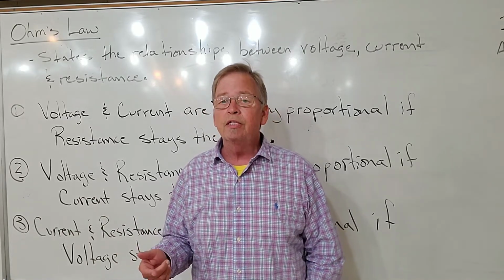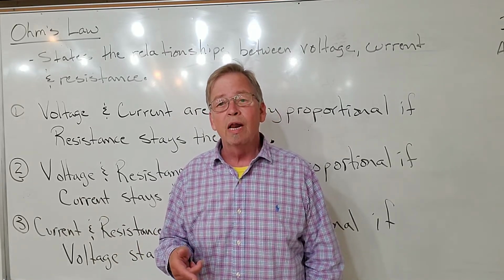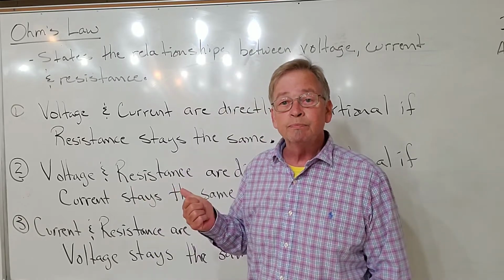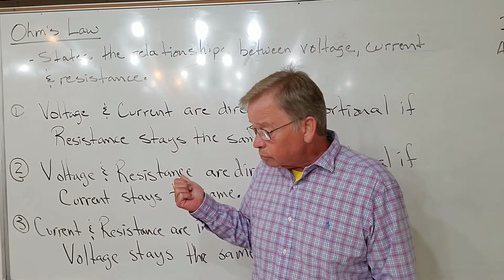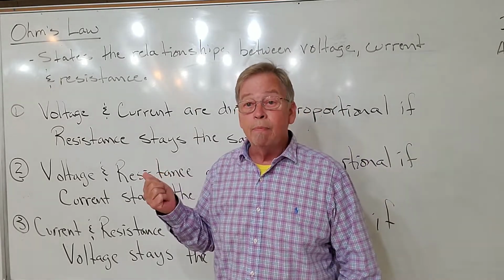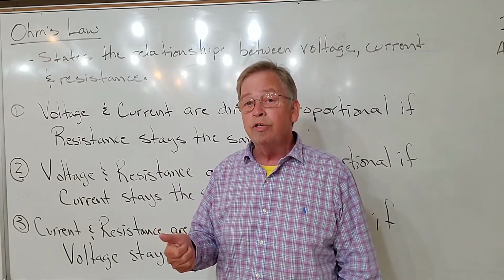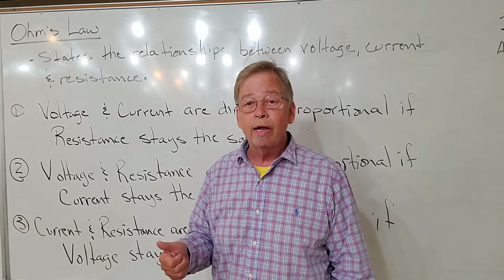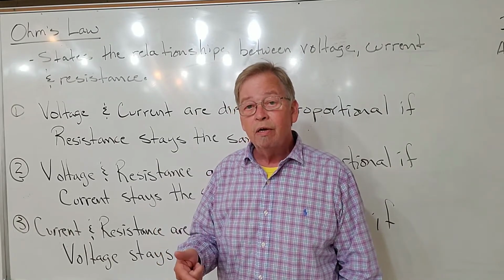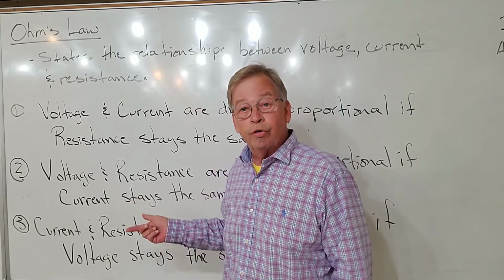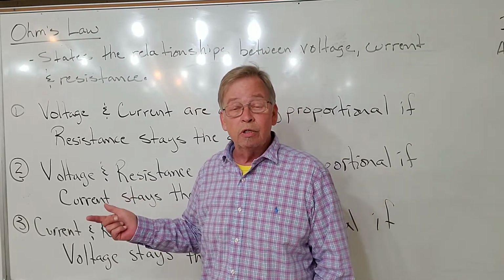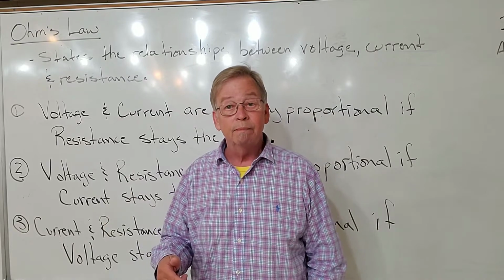Now we've got these statements, and we have to realize that these statements all end with the same three words: stays the same. You have to understand that voltage and current are only directly proportional if resistance stays the same, and that voltage and resistance are directly proportional if current stays the same.